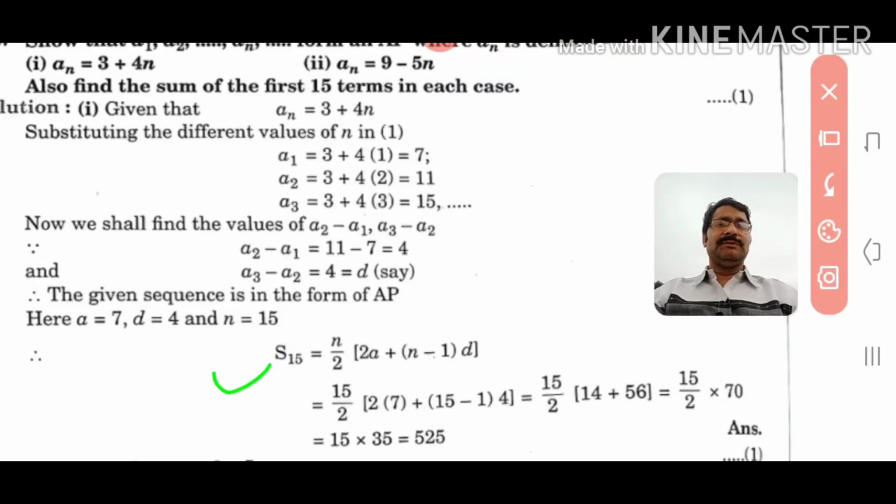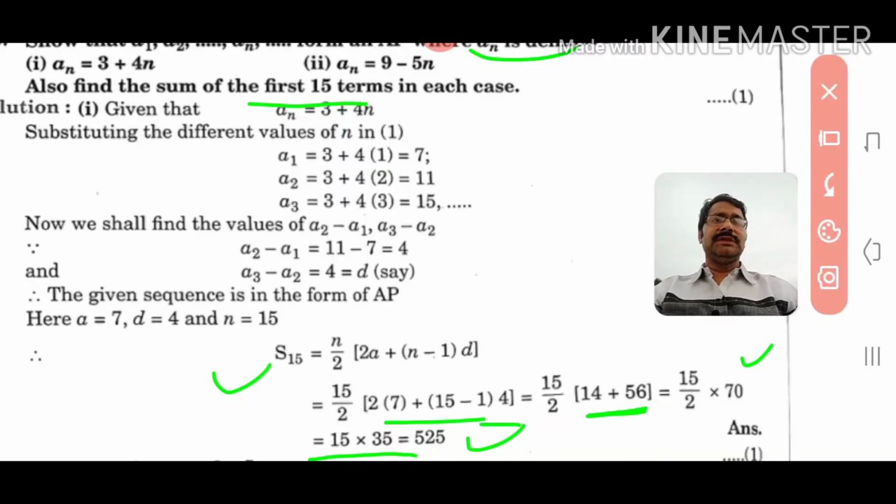So 15 by 2, 2 into 7 plus (15 minus 1) into 4. Now we will solve this: 15 by 2, 14 plus 56, we add that, we get 70, 70 you cancel by 2 you get 35. So 15 into 35 is 525. So sum of 15 terms is 525.